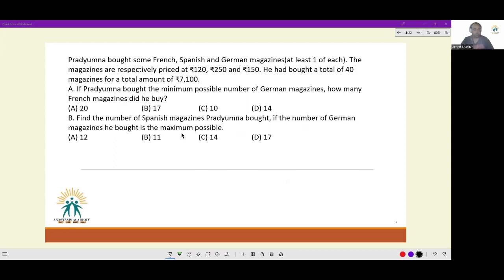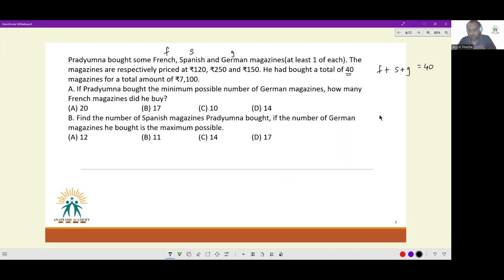Okay. So in both the subparts, German magazines are the ones with which we have to play our game. First, let the number of French magazines he bought be F, Spanish be S, and German be G. The first equation we have is F plus S plus G is equal to 40, because he bought a total of 40 magazines.